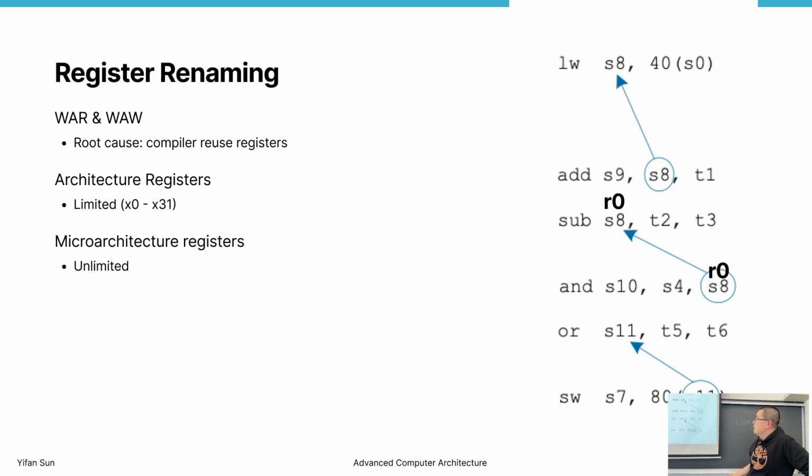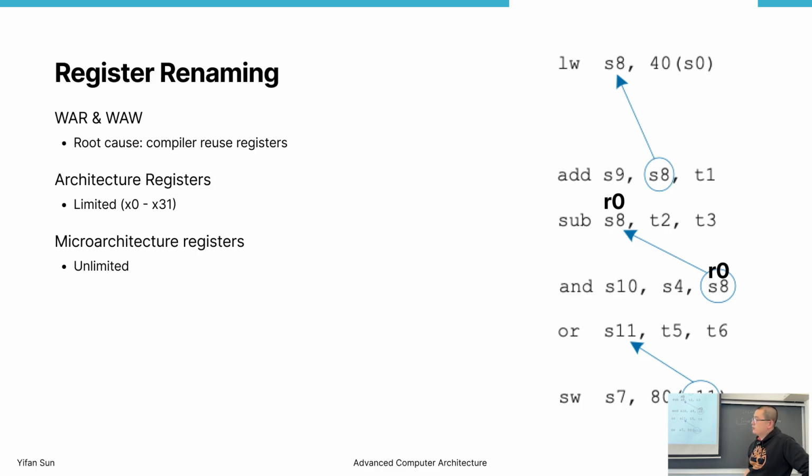By doing some analysis, your hardware can figure out, okay, this S8 is not that S8. They're both called S8, but it's just a register reuse. So it's totally okay if we rename it to something like R0. R0 is not an architecture-level register, so the programmer cannot see it, but your hardware can see this problem and rename it at runtime.